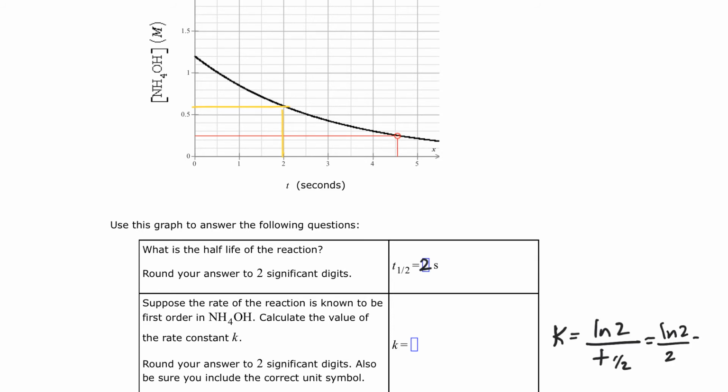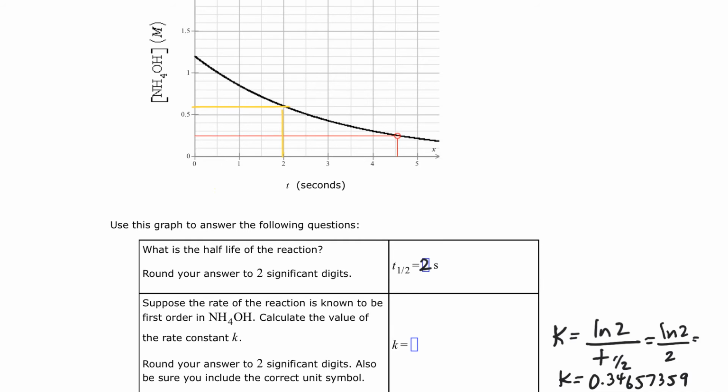seconds. Okay, so the LN button is on any calculator. It's the natural log. So I'm going to put 2 in the calculator. I'm going to hit the LN button and get 0.693, then divide by 2, and you're going to get K equals 0.3465739.